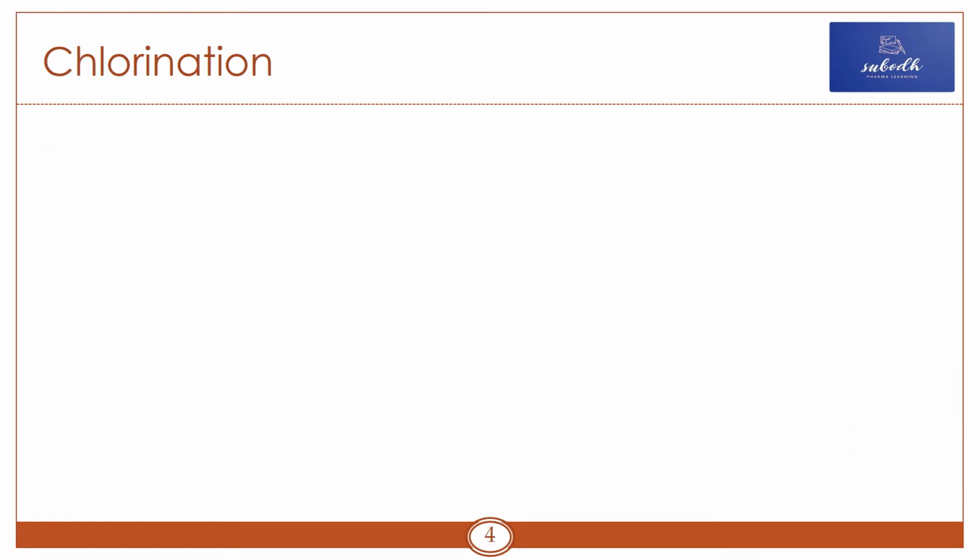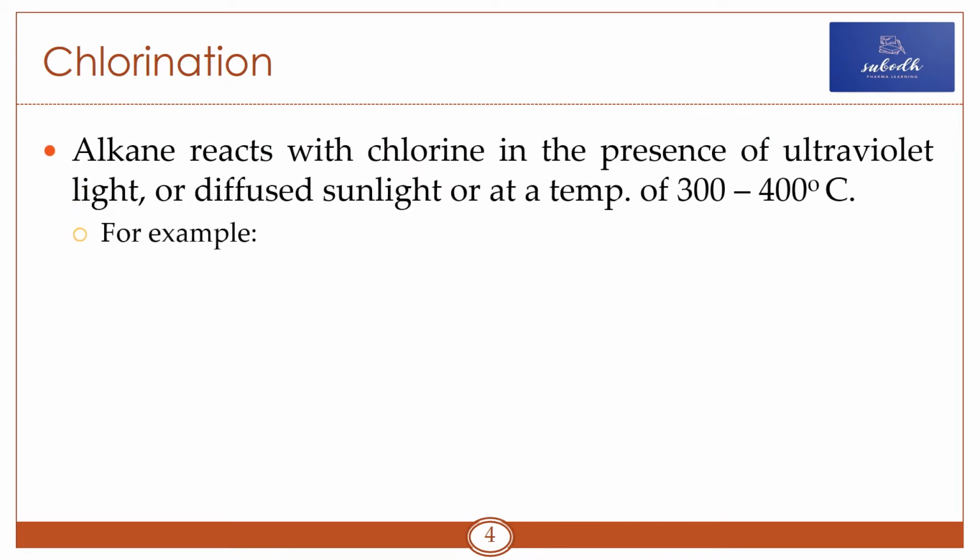Now we will see the chlorination reaction in alkanes. The alkanes react with chlorine in the presence of ultraviolet light or diffused sunlight or at a temperature of 300 to 400 degrees Celsius.